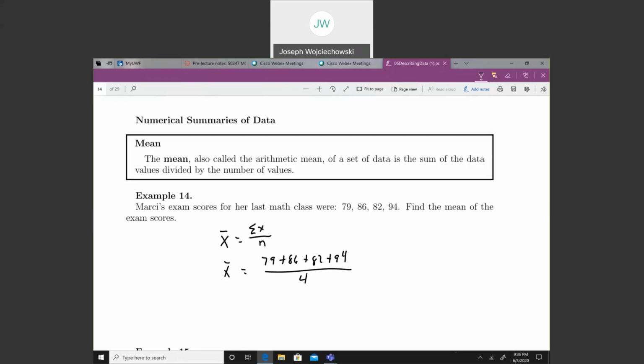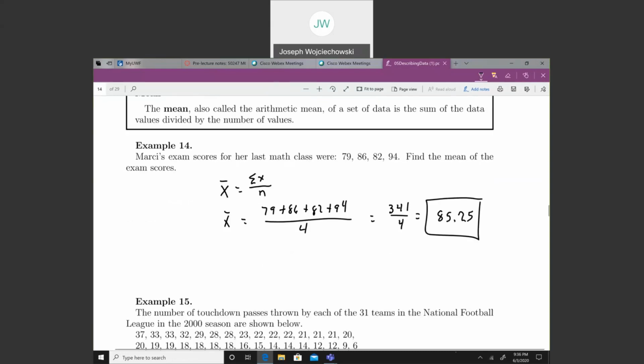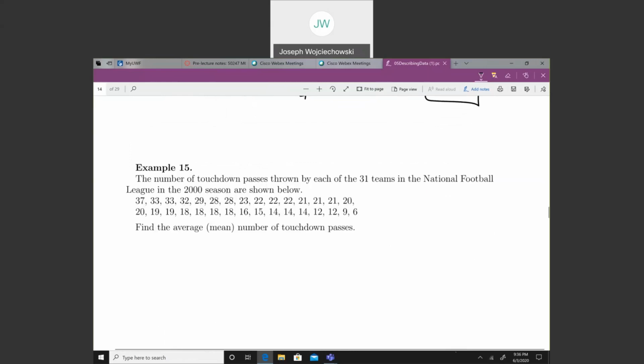Okay, so let's add that up. Okay, and this becomes 341 over 4, which is 85.25. So that's the mean of those scores.